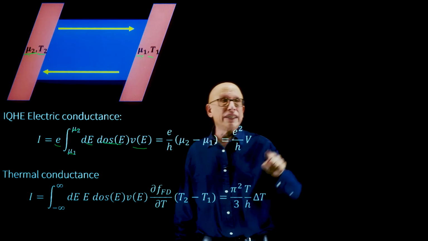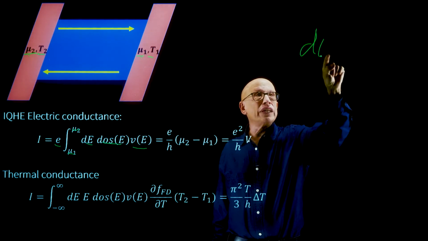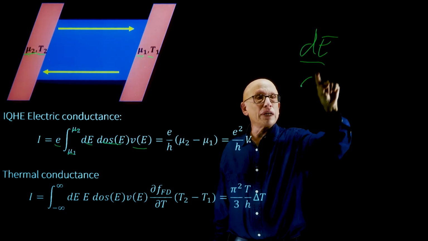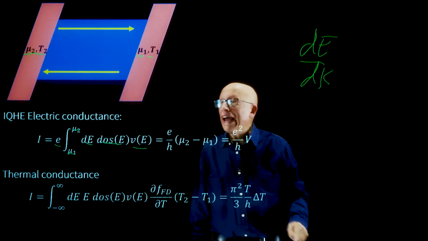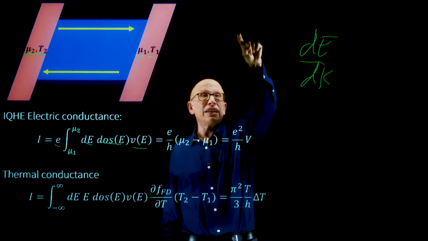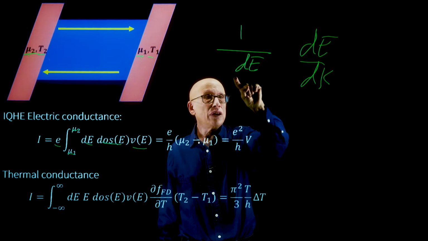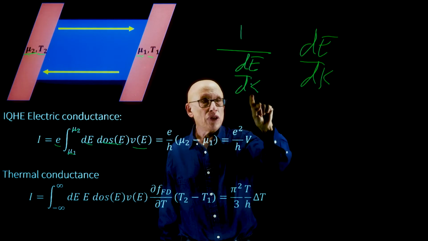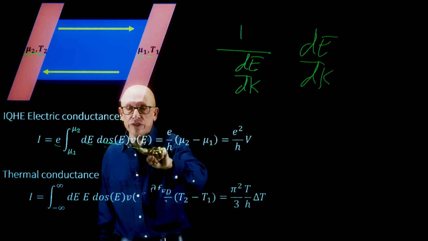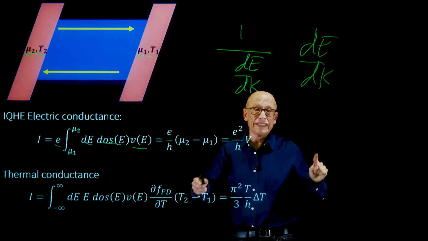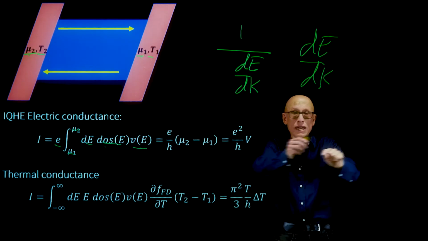The velocity is just the derivative of the energy with respect to momentum. And the density of states is just 1 over the derivative of the energy with respect to momentum. Those two factors, density of states and velocity, cancel one another. This is a magic cancellation.